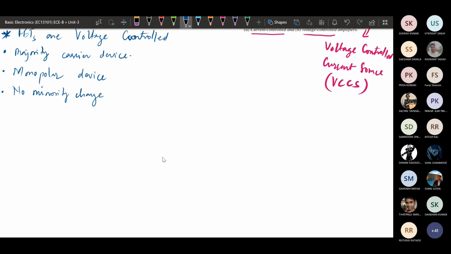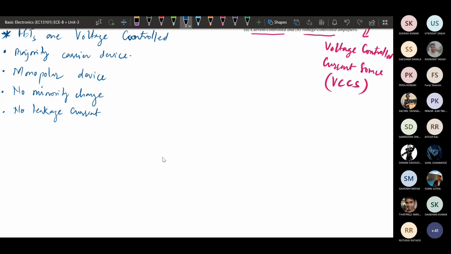Minority charge carriers are the charge carriers that constitute the leakage also. So if there is no minority charge carrier, there will be no leakage current in case of FETs.